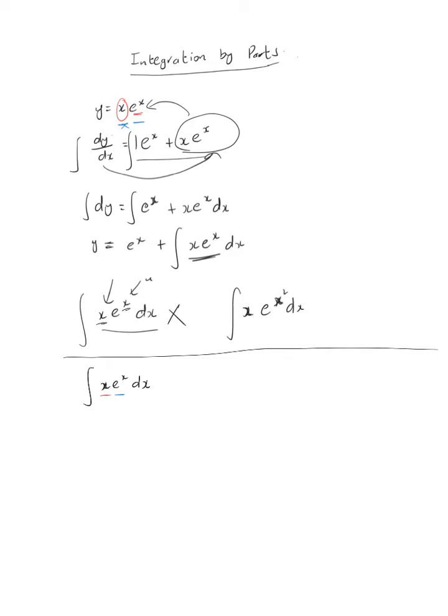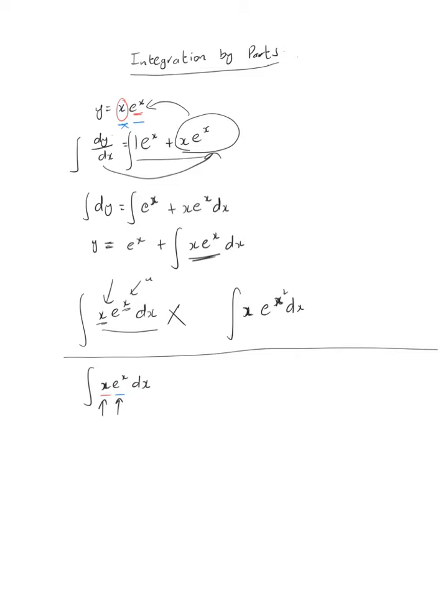Why do I say that? You want to pick, amongst the two, the part which you can differentiate to bring it down to 0. This, if I differentiate, I can bring it down to 0. This, if I differentiate, will always stay the same as e to the x. You cannot do anything about it, right? So just by looking at this integral, I know that I have to differentiate this and integrate this.